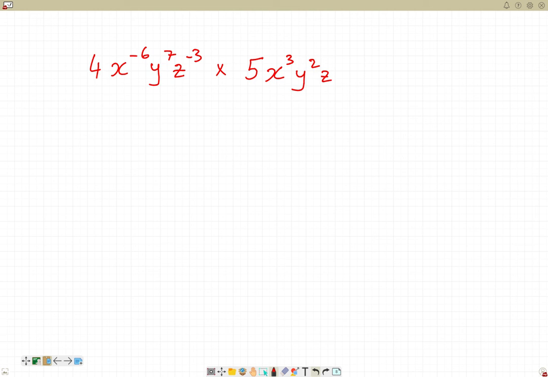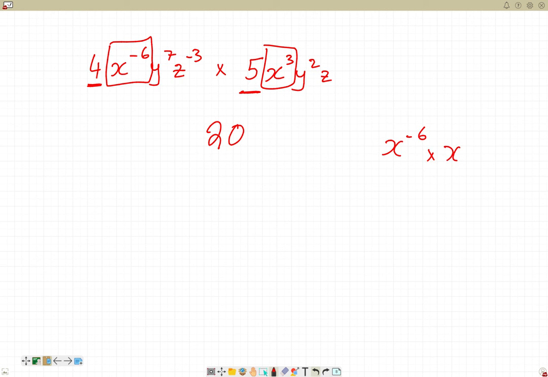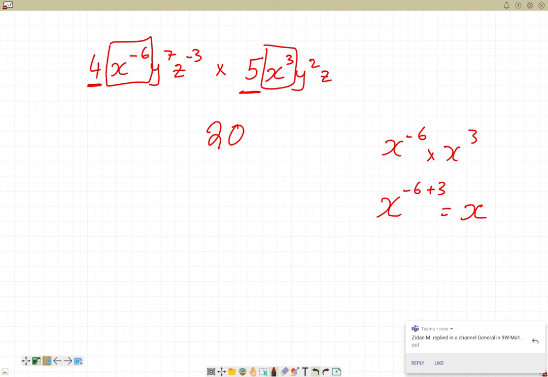Okay, first thing I do, multiply the numbers. 4 times 5 gives me 20. Then x to the power of minus 6 times x to the power of 3. What I have to do is add the powers. So minus 6 plus 3 gives me x to the power of minus 3.